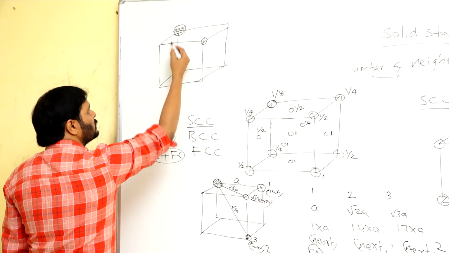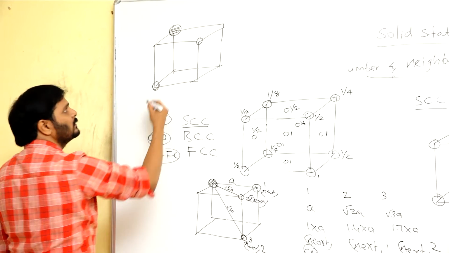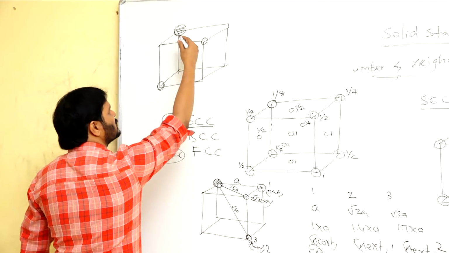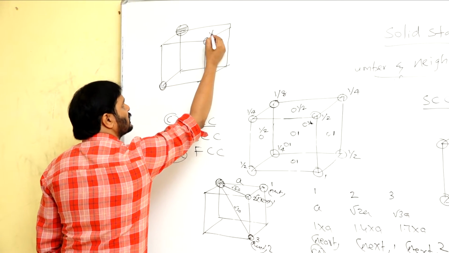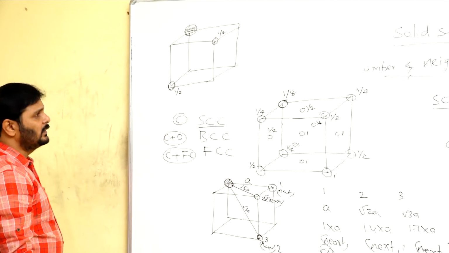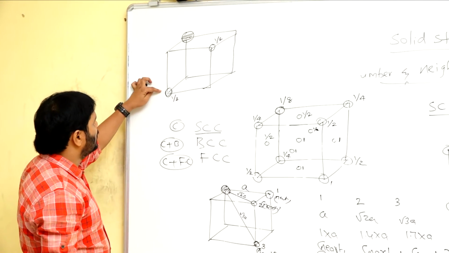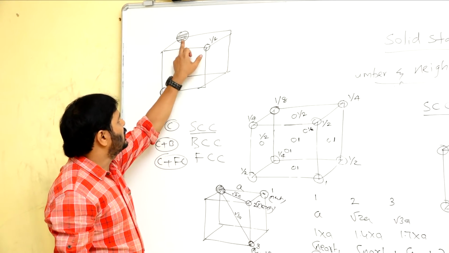Again this is an atom on a face diagonal, and this is another atom on a face diagonal. If an atom is here, its contribution is 1/2. This is one face diagonal, this is another face diagonal, and one more face diagonal on the back side.